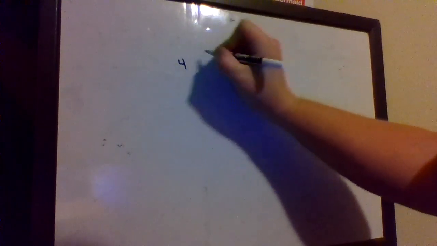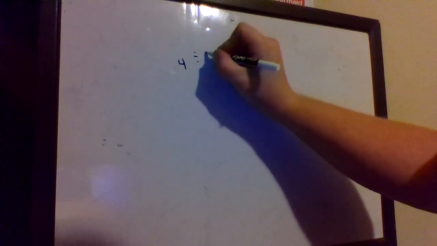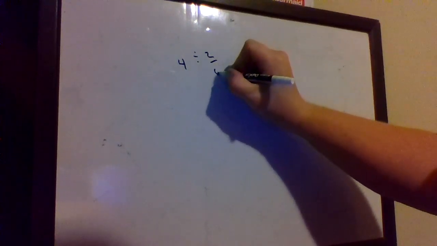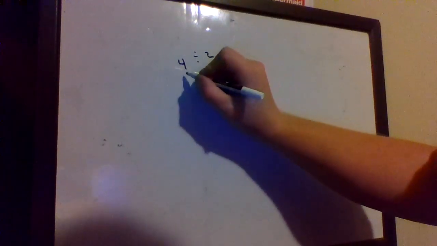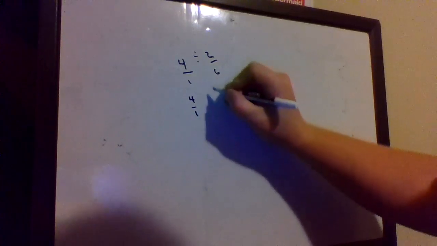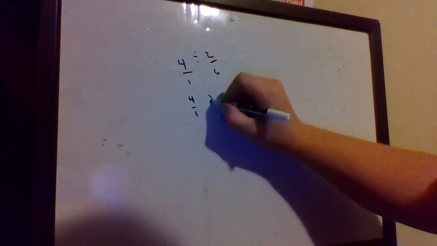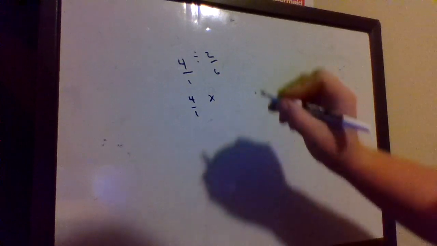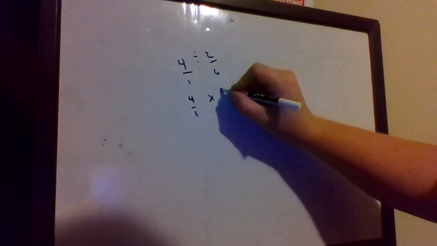Now the last one that we're going to do is similar to the one that we just did, except that we're going to have our whole number on this side. Now every whole number has what underneath? 1. Right. Now we're going to keep 4/1, change to multiplication because that's the opposite of division, and flip 2/6 to 6/2.